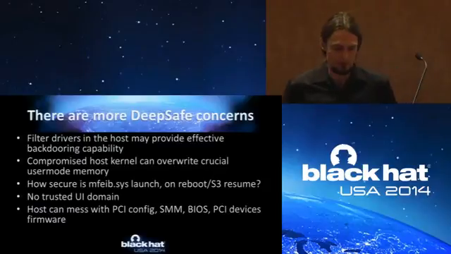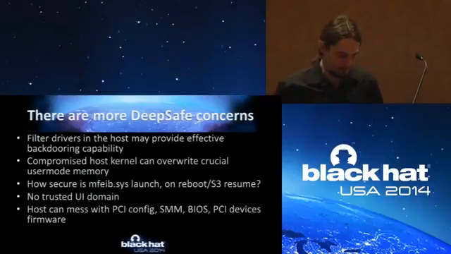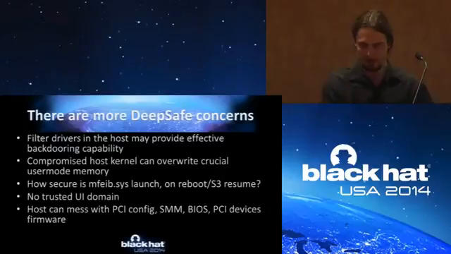So it's very difficult to distinguish between actions done by AV and a rootkit, right? And there are other issues. Again, all these problems are mostly because DeepSafe tries to detect that something wrong is happening in a VM. So it's not just isolating and forgetting about it, but trying to detect. So that's a problem.